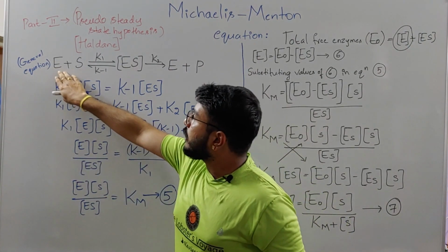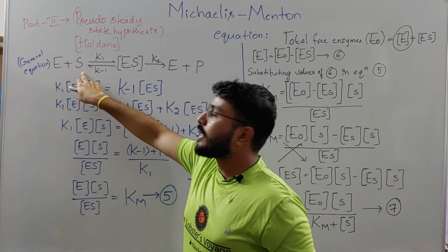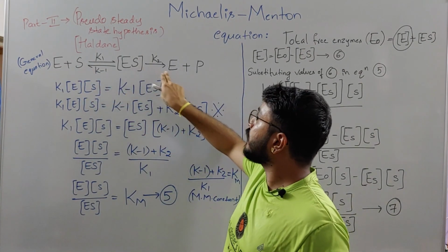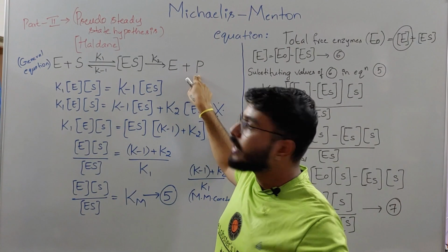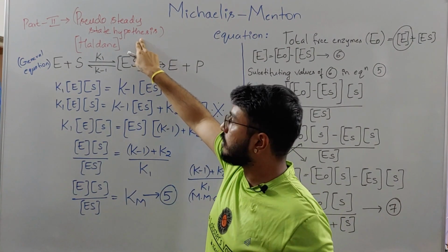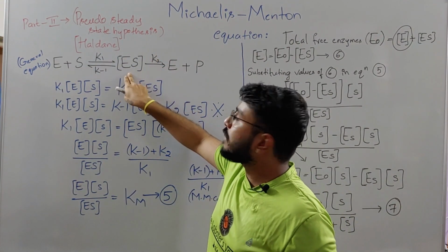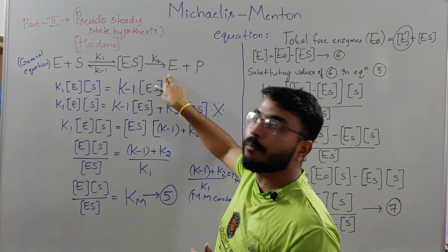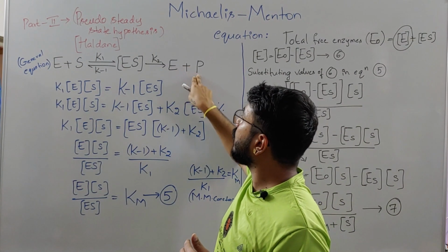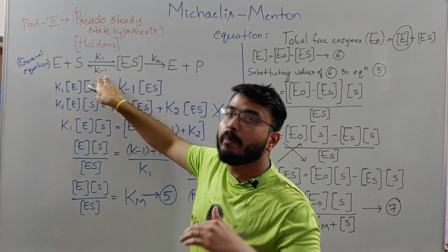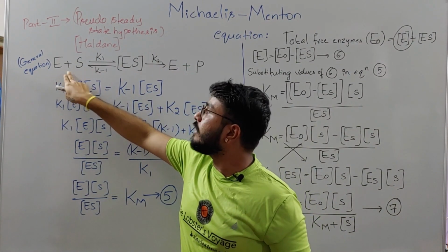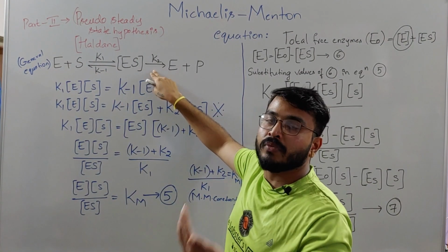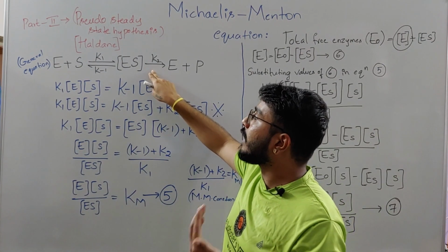In any enzymatic equation, the enzyme reacts with the substrate molecule to form enzyme substrate complex that disintegrates into enzyme plus product, but according to the pseudo-steady state hypothesis, Haldane believes that the enzyme substrate complex has the equal capability to move ahead to form the enzyme plus product molecule, or it can disintegrate back forming the enzyme and the substrate molecule. Therefore, it's a slight deviation from the normal equation that was considered by Michaelis-Menten.